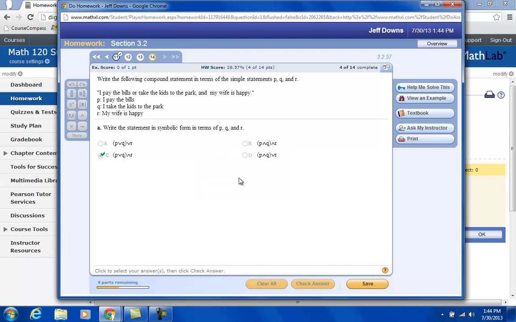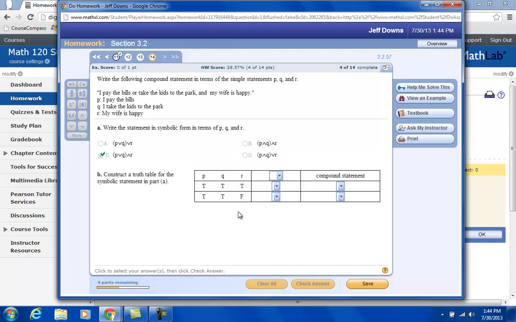Okay. Oh, there's more to it. And then we want to construct a truth table. And we have P. I only have the two choices, P or Q. So P or Q. If P is true and Q is true, it's true.